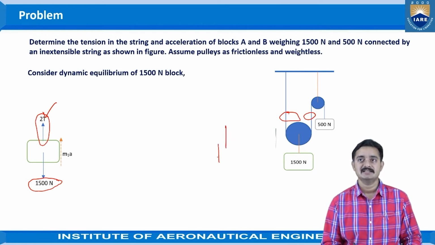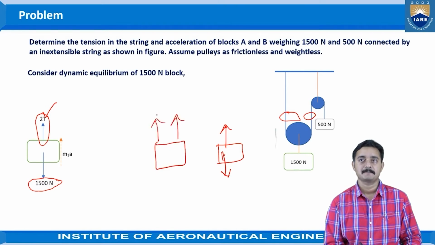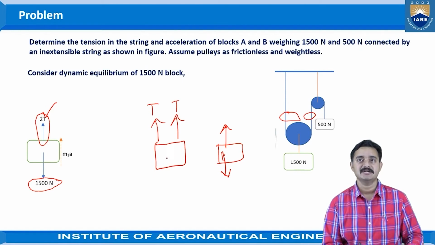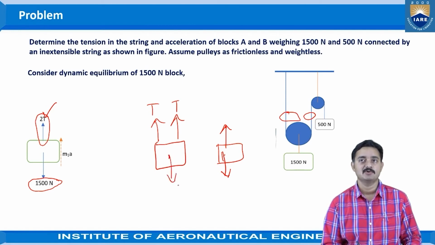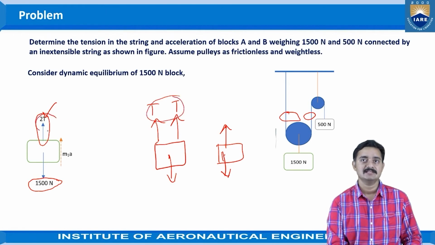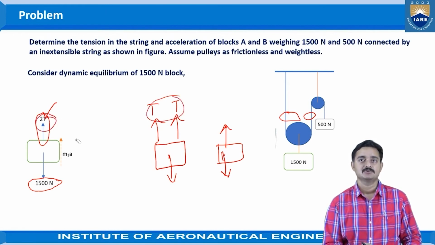So when we consider the object of 1500 newtons and the string as a single entity, generally it will be treated as two strings, tension T and tension T, acting away from the object, and the weight of the object acting downwards. Both combined, it will be considered as 2T. So the tension value here would be 2T.